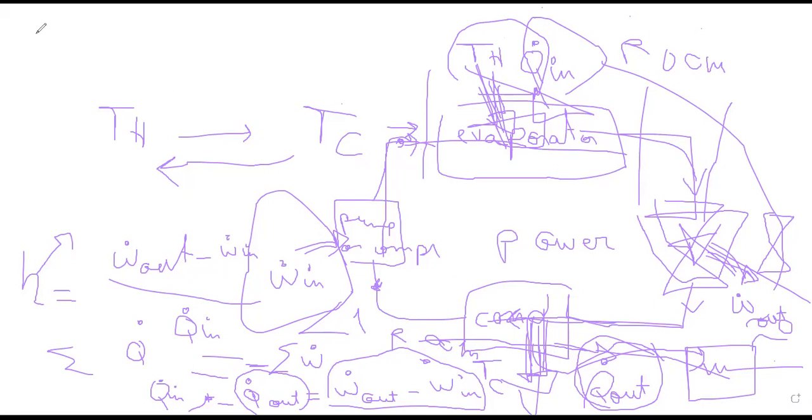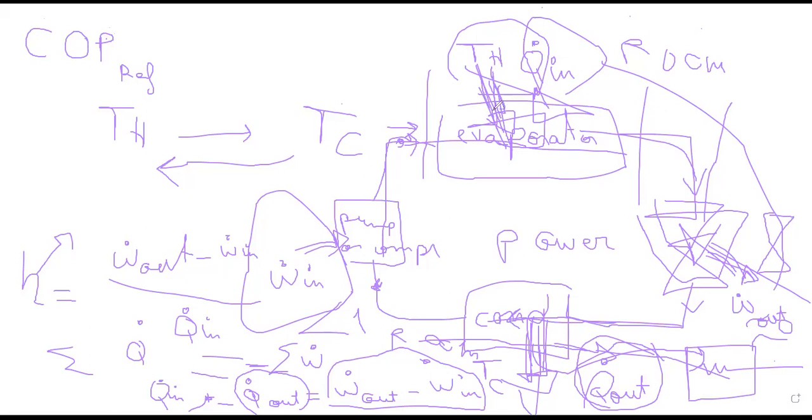And if you want to calculate a performance index, we have what we call the coefficient of performance, COP. So your COP for refrigeration systems: when I want a refrigeration application, what do I care for? I want to cool my room. I want to extract heat from it.